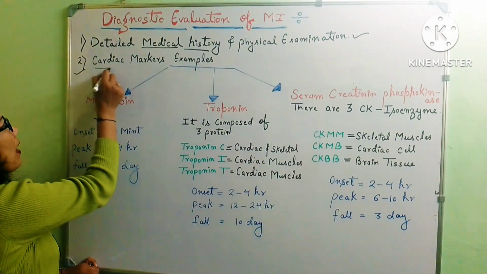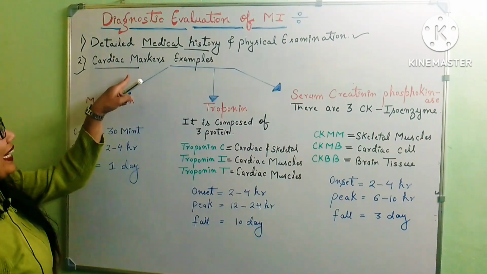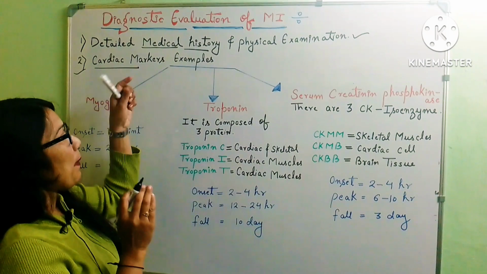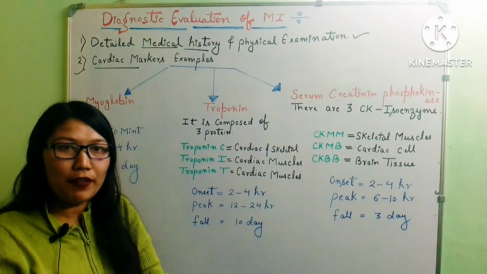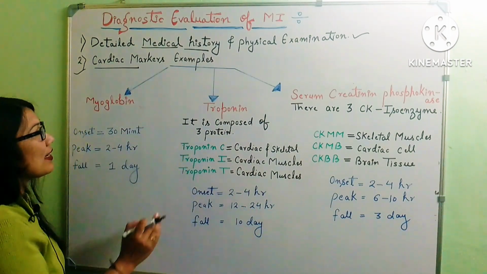Next is our cardiac markers. It is a very important point. In the blood of the patient, we will check for cardiac markers. So what are cardiac markers?